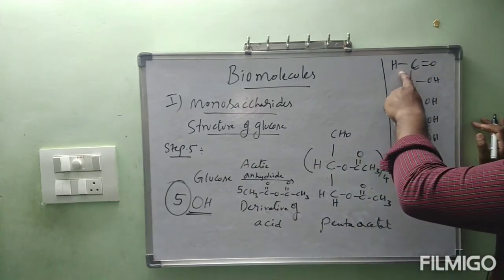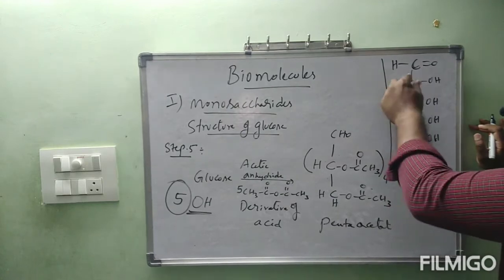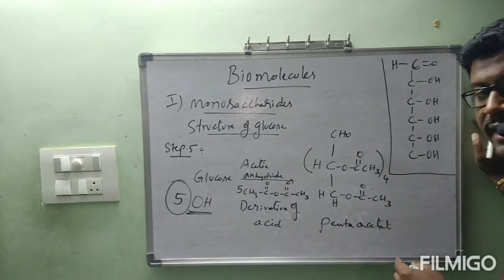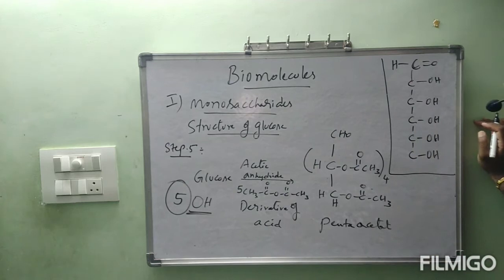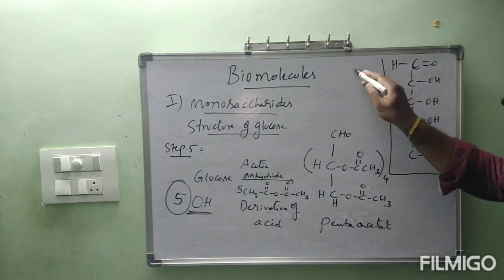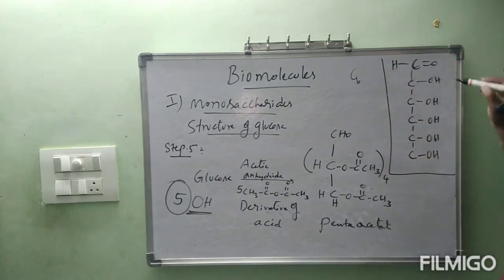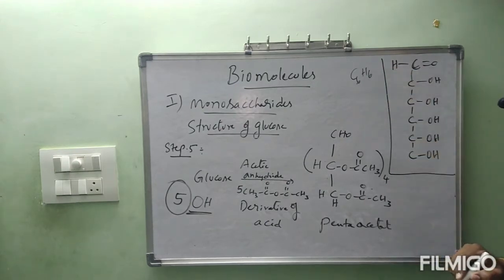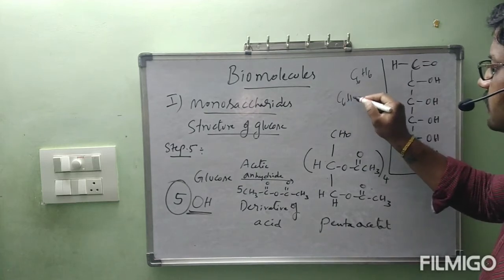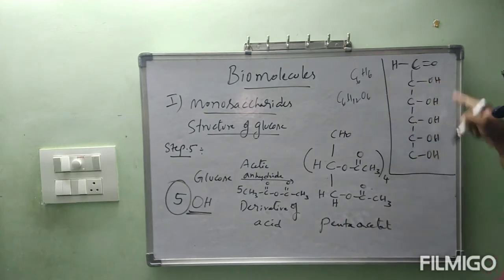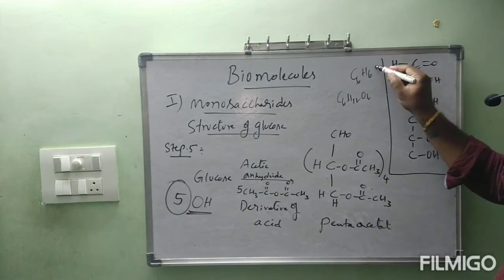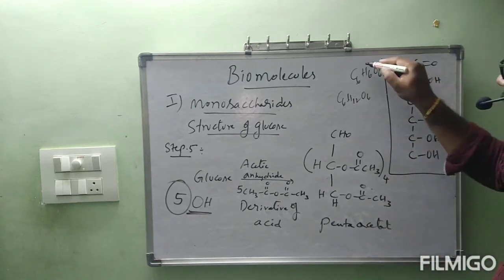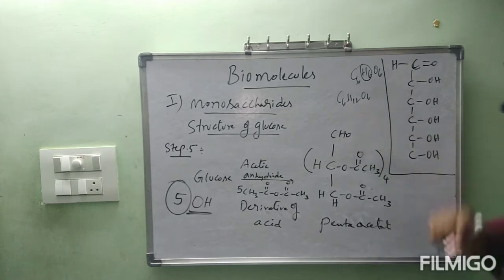First, CHO, the aldehyde group, is confirmed. Next, the remaining 5 carbons are there. Remaining 5 carbon atoms, 5 OH groups. Now C6 is over. Hydrogens: 1, 2, 3, 4, 5, 6. H6 over. The molecular formula is C6H12O6, so 6 hydrogens are completed, 6 oxygens, but how many hydrogens remain to be satisfied? 6 hydrogens.